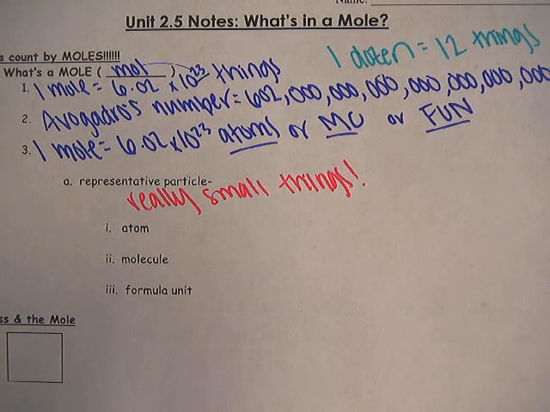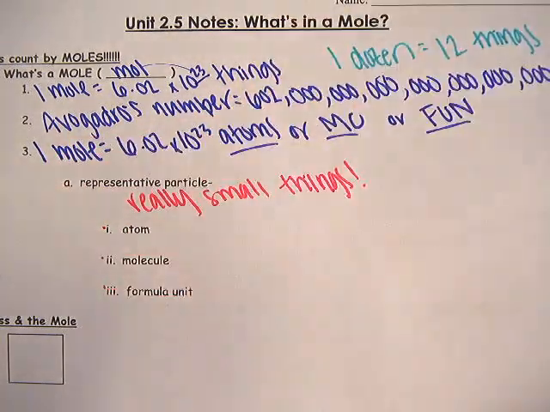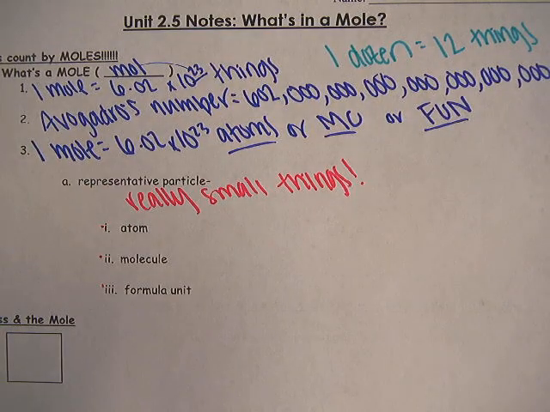So if you hear the term particle, that is a real word, but it's not very descriptive. So when we talk about particles, you could be talking about atoms, or molecules, or formula units, depending on what the actual chemical formula for something is. So a representative particle is just something small.